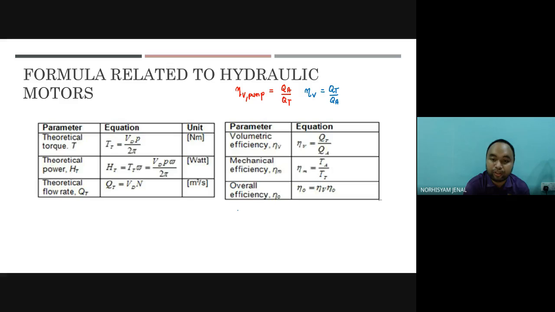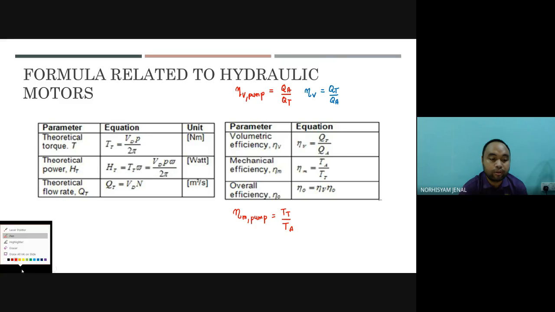Mechanical efficiency for a pump is equal to TT over TA.